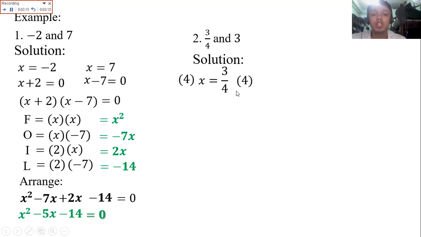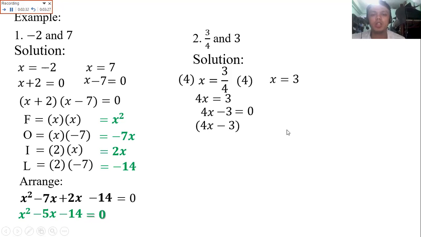So tanggal natin denominator. To remove it, we will multiply both sides by positive 4. 4 times x is 4x. Then 3 over 4 times 4, ang tira 3. Then transpose 3 to the other side, magiging 4x minus 3 equal to 0. Then enclose it in parentheses.